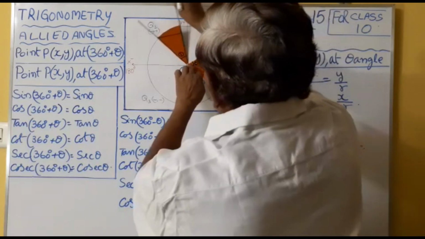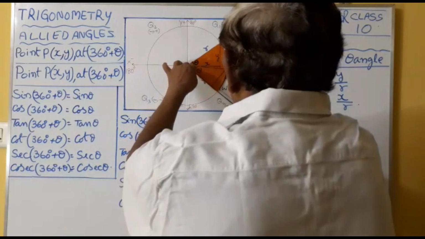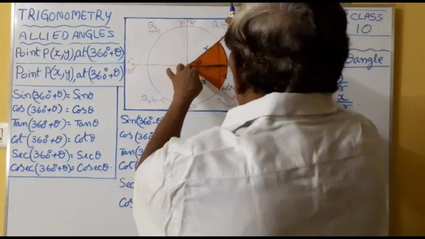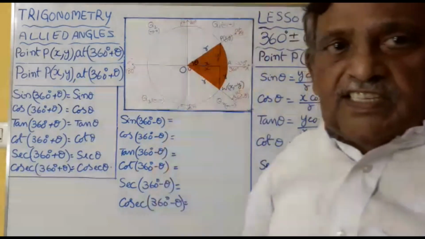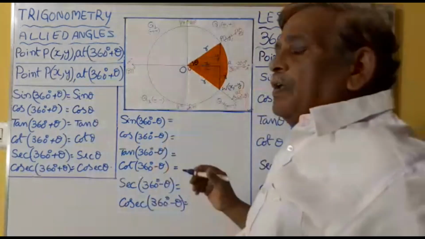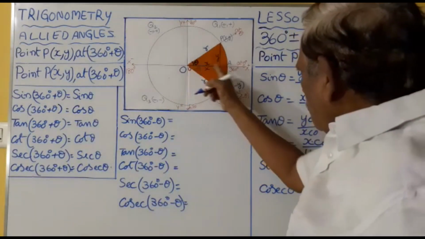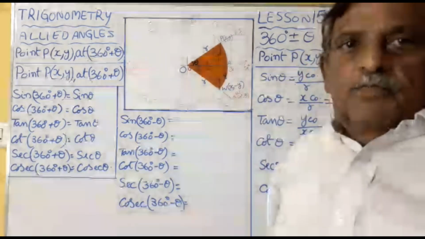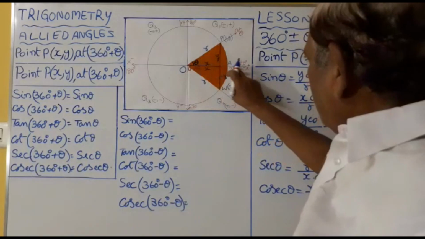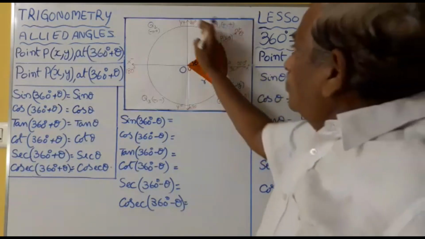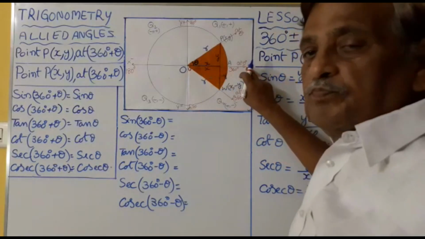One complete rotation of the sector means the ray OA at 0 degrees retains its position after rotation.